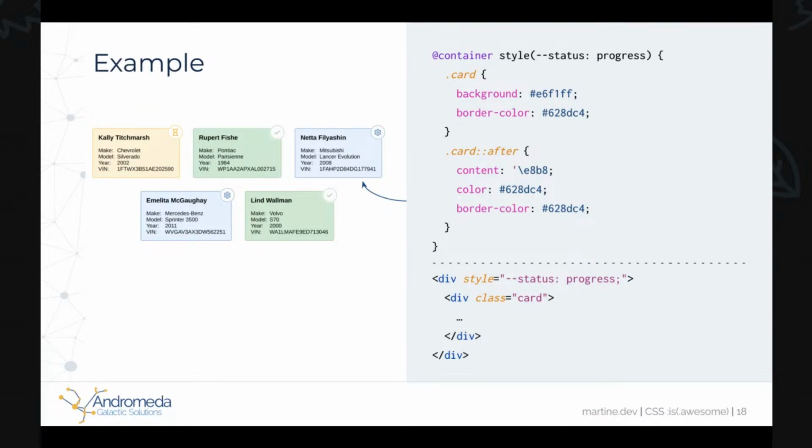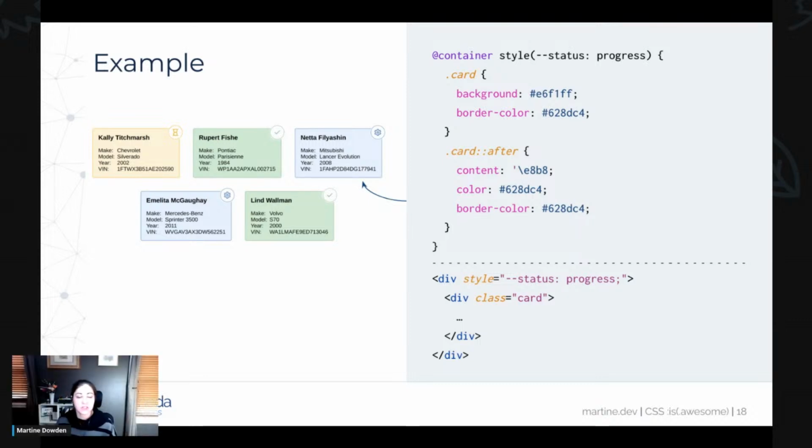Basically what this does is allows us to look for whether you have a particular custom property, or CSS variable, and if the custom property is equal to whatever, then go ahead and apply these styles. So it allows us to set a custom property in one place and then have it trickle down the application and conditionally style things based on that.